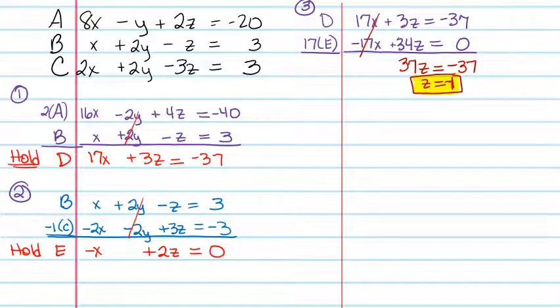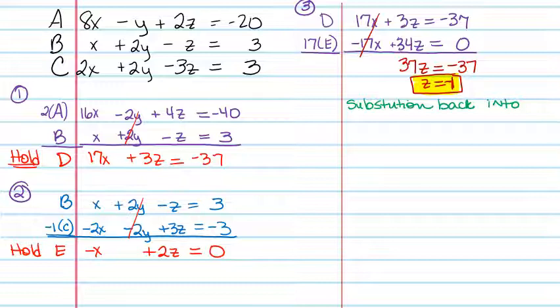Okay, so now step 4 says to plug back in. It says take the answer that you got and plug it back into one of your hold equations. So this time I'm going to do substitution back. And I'm going to go back into, let's see, does it matter which one I do, D or E? No, it doesn't matter.